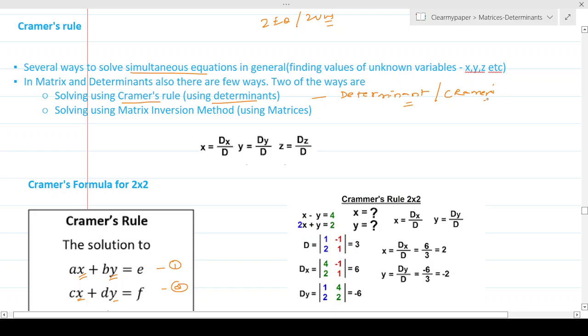The other method that we will see towards the end of the syllabus is the matrix inversion method, and it will also fetch the same answer, but it's a different method. These are the terms and terminologies you should understand when they ask you in the question what method to apply. So let's focus on the determinant method or Cramer's rule.